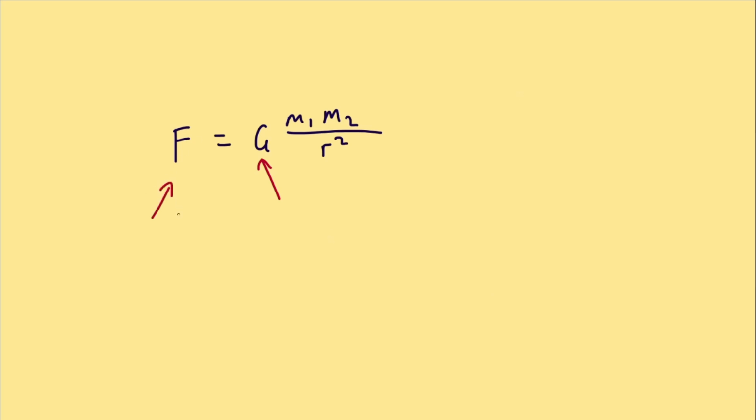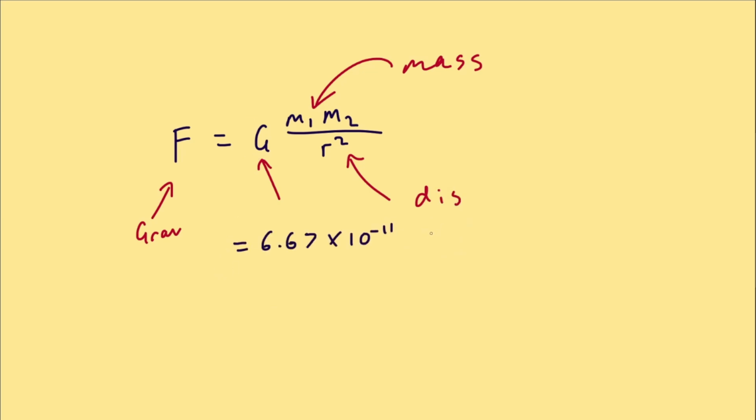This means the force of gravity, so let's write this out. m1 and m2 just means the mass of the two objects, and r is the distance between them. By the way, here's the accepted value for the gravitational constant. Now, of course, you don't have to memorize this or anything, it's just some cool science.